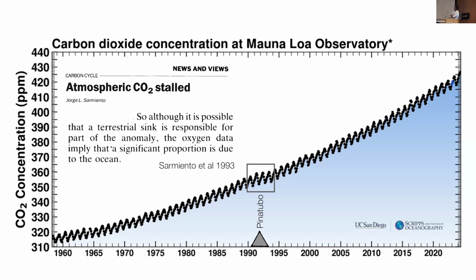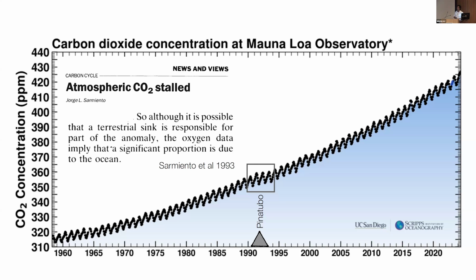This paper by Jorge Sarmiento summarized the community discussion back in '93 about what could possibly be driving that. This pause coincided with the Pinatubo eruption of '91. The consensus was that the eruption led to a change in the air-sea flux of carbon, both by land and the ocean, but it wasn't very clear how much of that was driven by land and how much by the ocean.